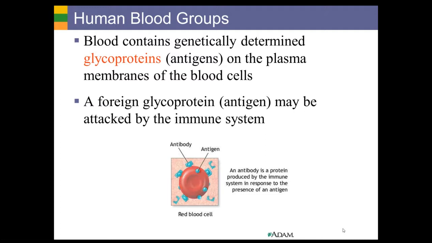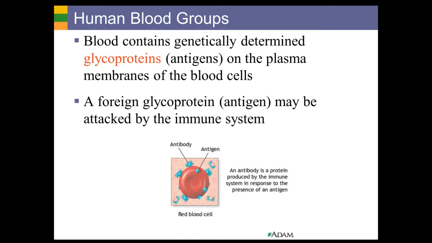You want your immune system to attack foreign cells, but you don't want it to attack cells that belong to you. Those self-recognition glycoproteins are referred to as antigens. If your immune system recognizes them as self, they're called self-antigens. If it doesn't recognize them, they're considered foreign.